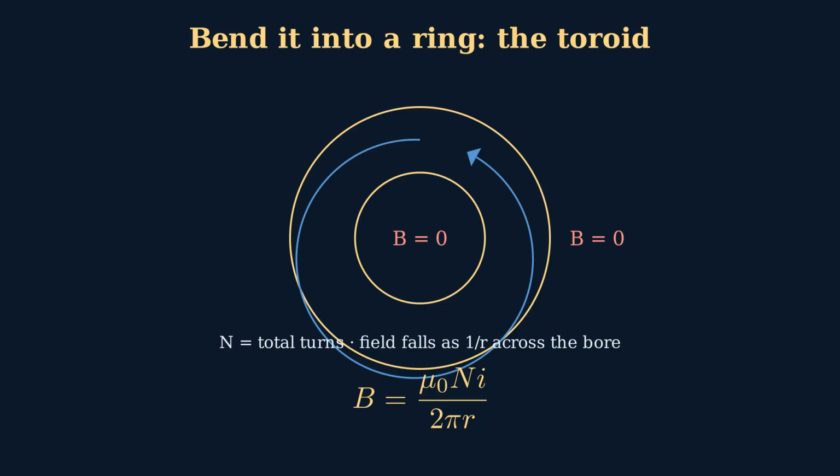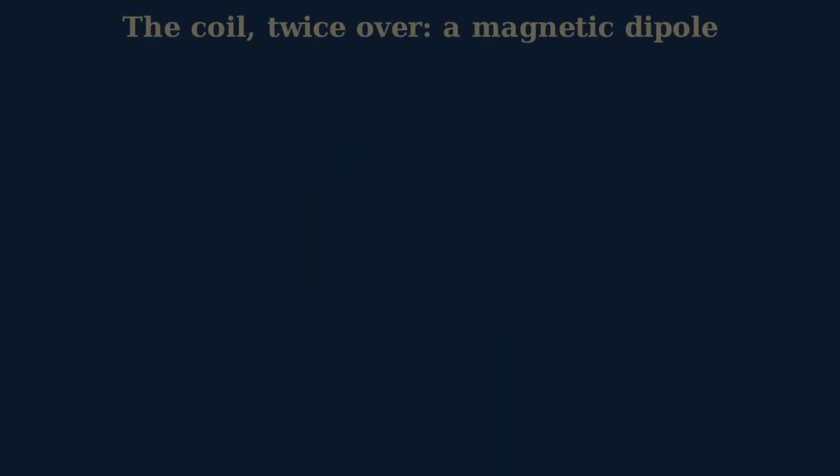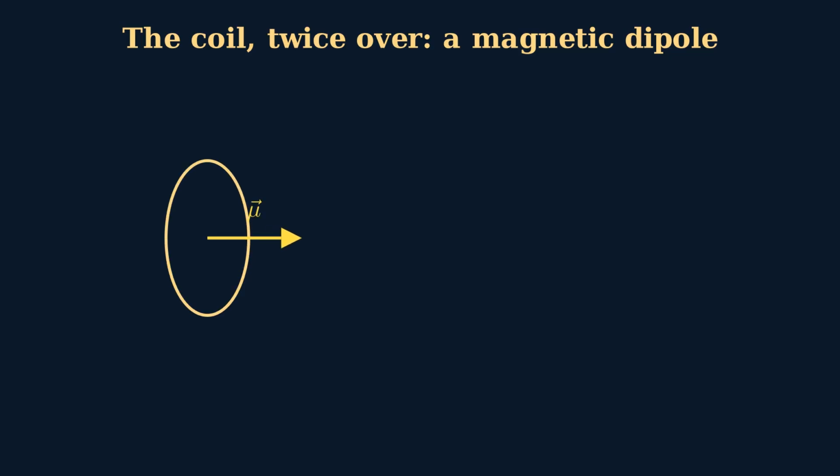One last unification, and it's a beautiful one. Back in chapter 28, a current loop placed in a field felt a torque. It behaved like a magnetic dipole with a moment mu. But the loop doesn't just respond to a field, it makes one. Far out along its axis, it produces a dipole field of its own, the exact magnetic twin of an electric dipole.